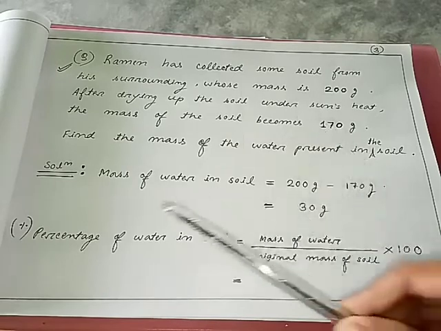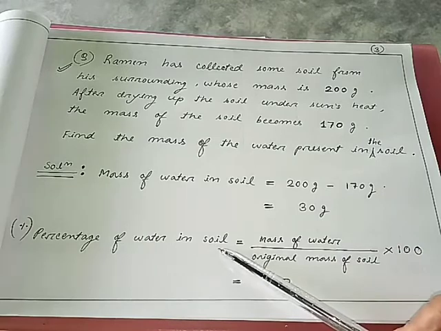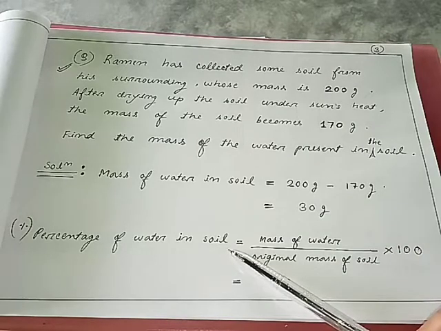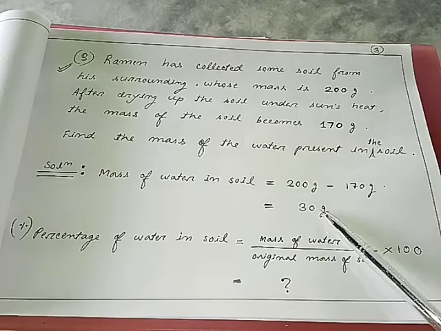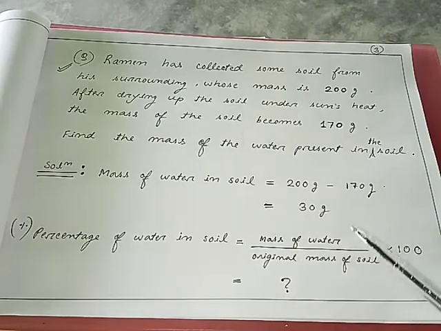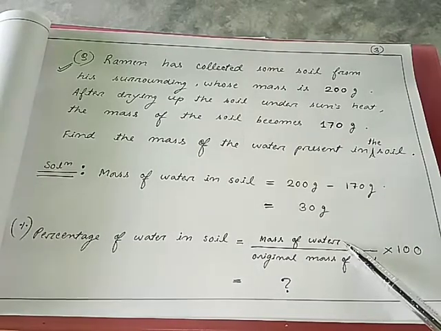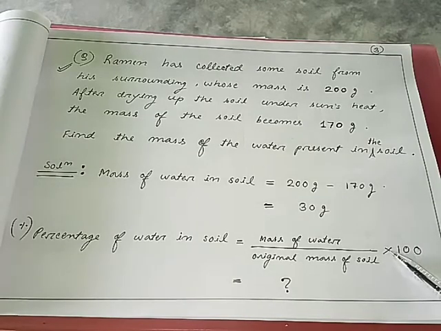Now if you are asked to find the percentage of water in the soil, you have to convert this amount of water into percentage. Percentage of water in soil equals mass of the water divided by original mass of soil, into 100.